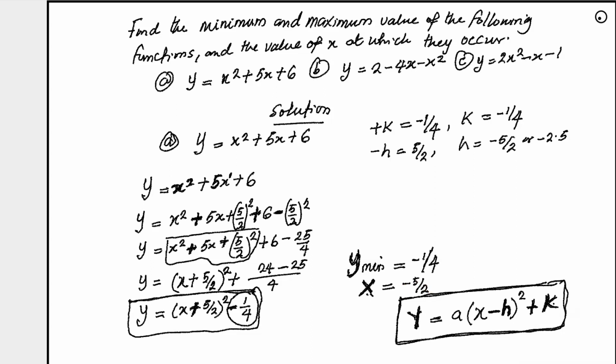So you see, it tells you that at x equal to minus 5 over 2, y minimum is minus 1 over 4. If you plot this graph, you will see that the minimum value of y, which is minus 1 over 4, has a corresponding x value of minus 5 over 2.